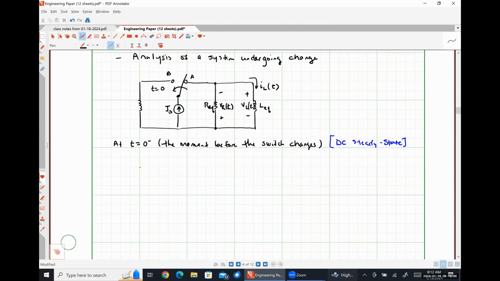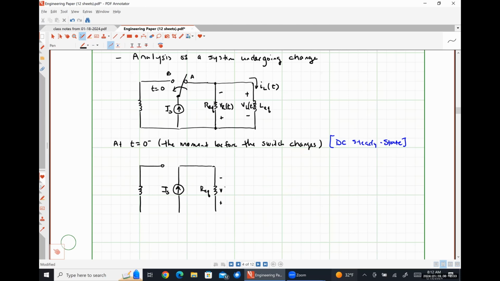So with the switch closed at position A, this resistor over here on the left-hand side is open circuited. Here's my current source IS. Here's my equivalent resistance REQ.